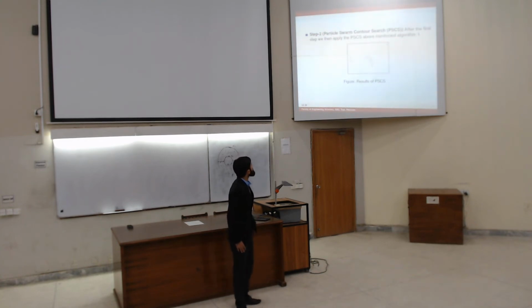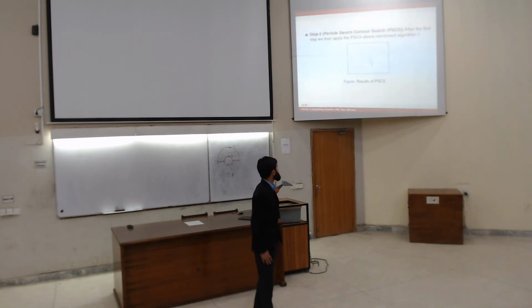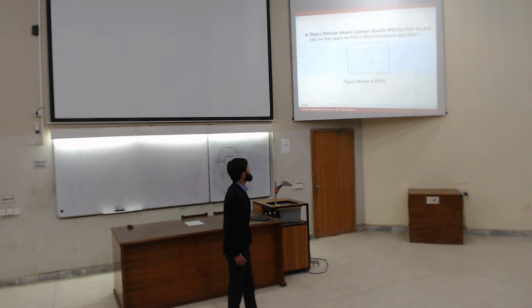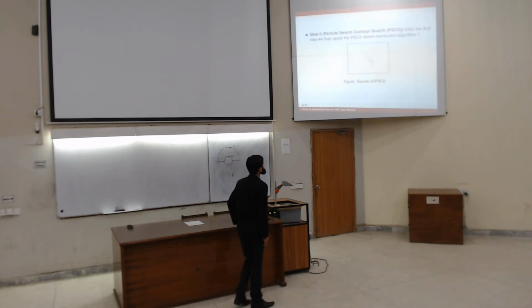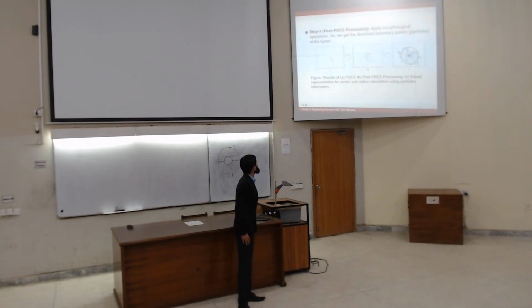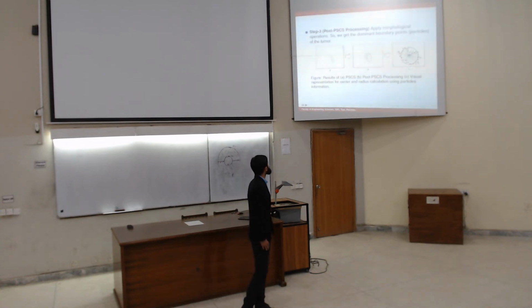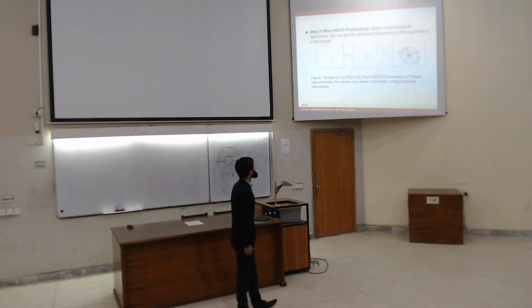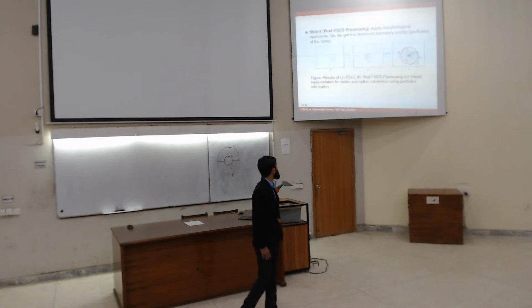Step number 2, we use particle swarm contour search. After the first step, we apply the PSCS-C algorithm 1. This result shows the PSCS-C algorithm. Next, step number 3, post-PSCS processing, applying some morphological operations.